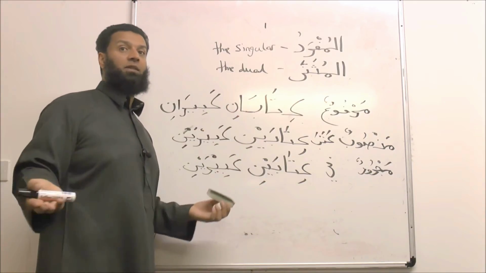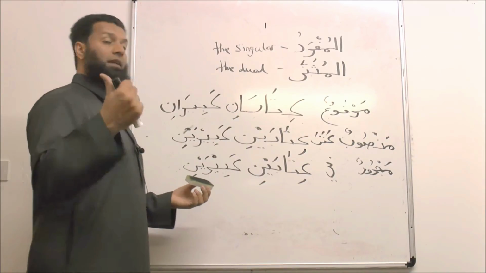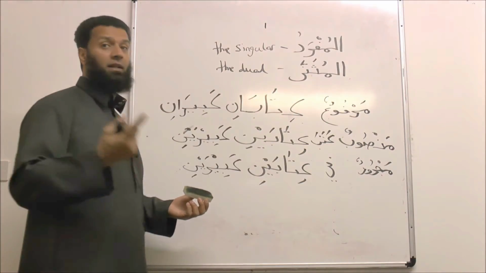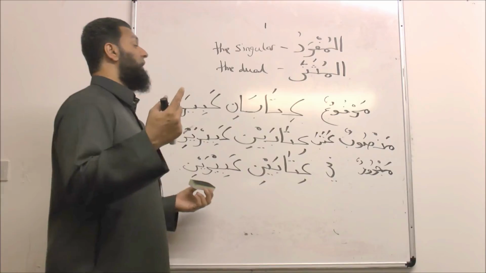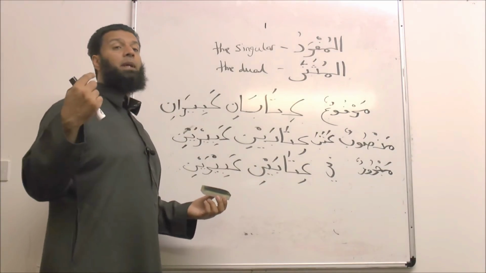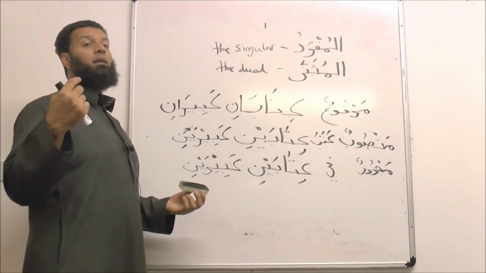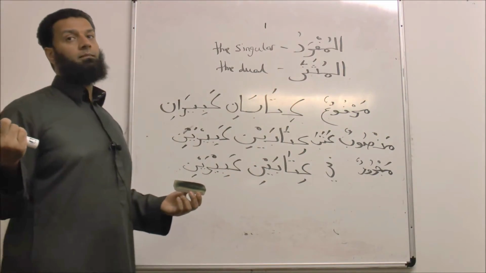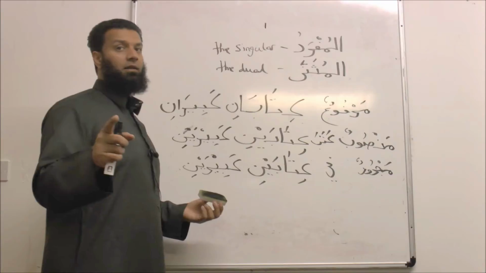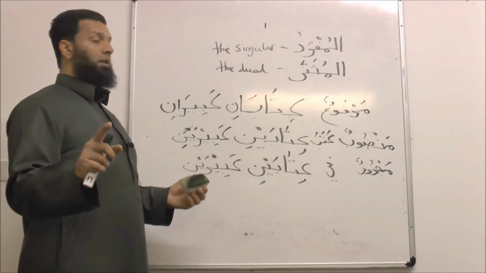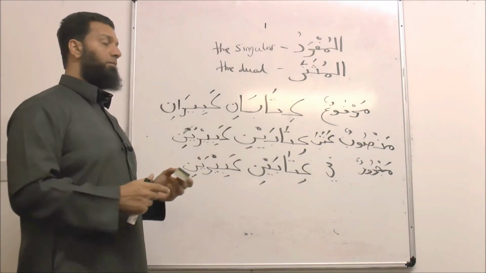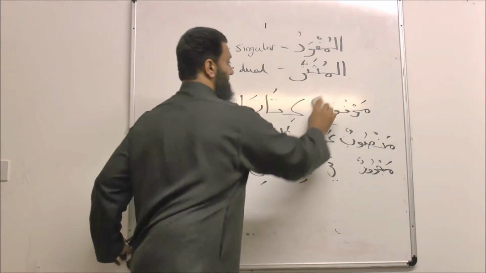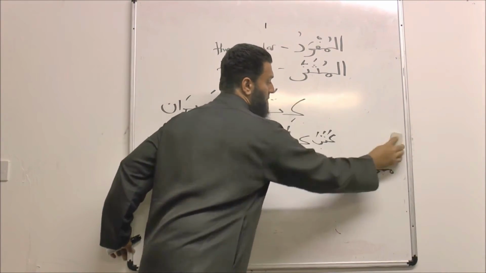The sifatun has to be marfu'un because the ismun is marfu'un. Siyaratani kabiratani. If it was siyarataini, then it would be kabirataini. Is that clear? Right. So, after that, we'll just remove this.